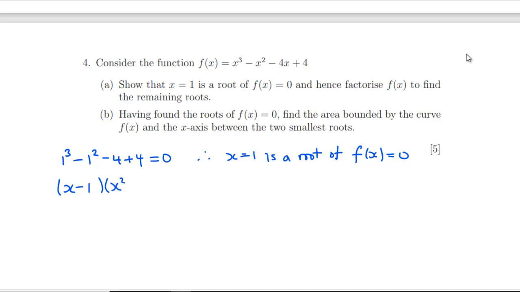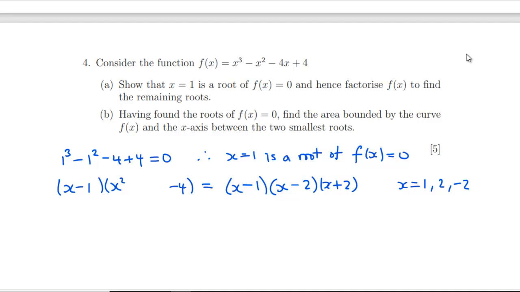So we'll need an x squared, we'll need a minus 4, and then we need minus, oh, we've already got minus 4x off of that. So yeah, we've got nothing else to put in there. We've just got a difference of 2 squares, x minus 2, x plus 2. Find the remaining roots. So we've got x equals 1, which we already had, and then 2 and minus 2.